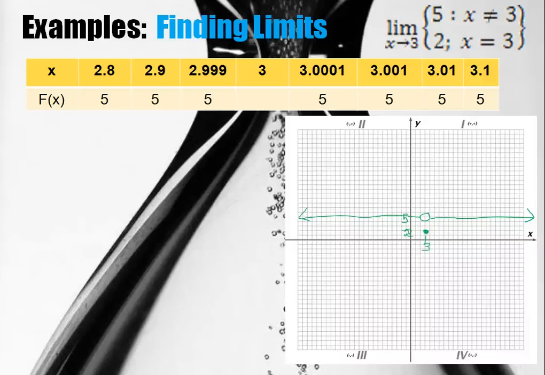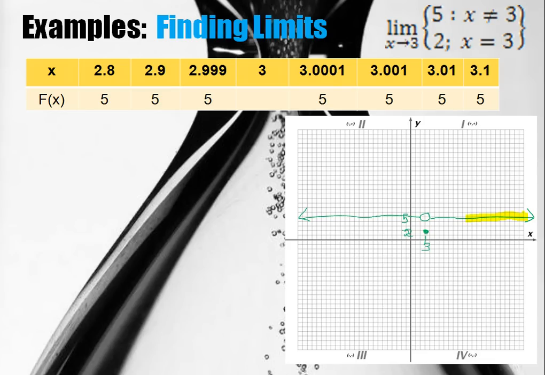So you might think, well, then the limit as x approaches 3 would be 2. But that's incorrect, because what we're looking at in a limit is not really what the function is displaying as its value at that point. We want to know what's happening to the function as it comes towards that point. That's why we don't immediately just plug in.